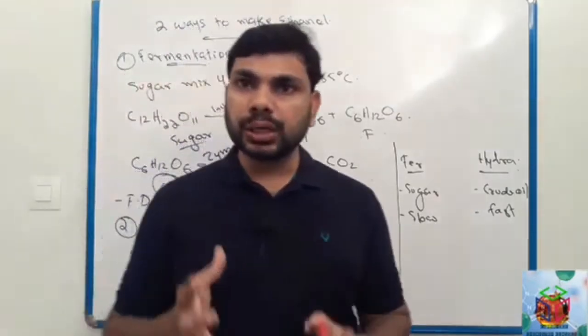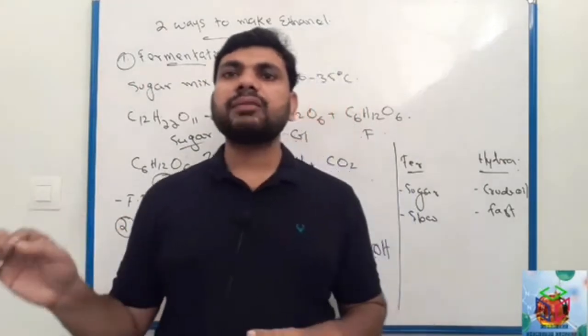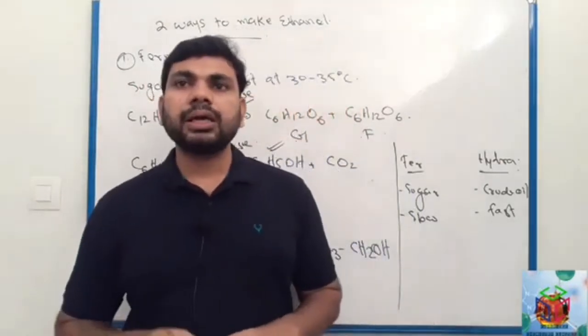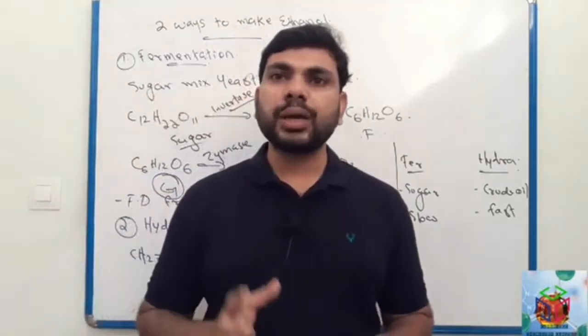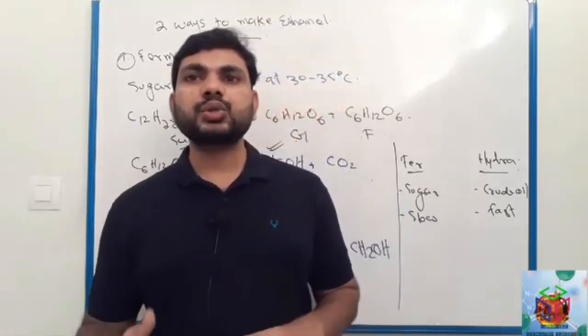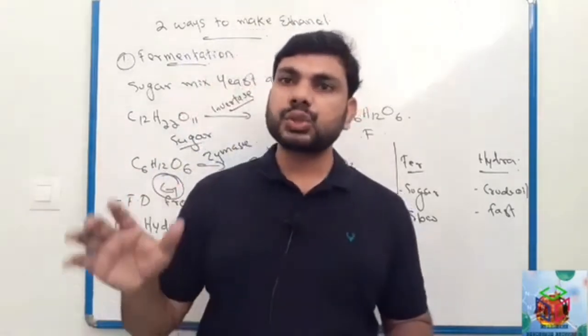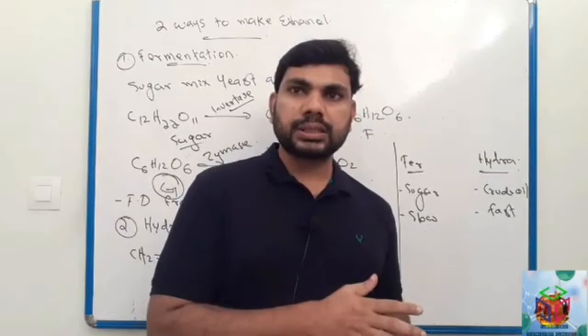So sugar is mixed with yeast and kept at 30 to 35 degrees Celsius. Yeast provides two enzymes, invertase and zymase. Invertase helps to convert sugar into glucose and fructose.